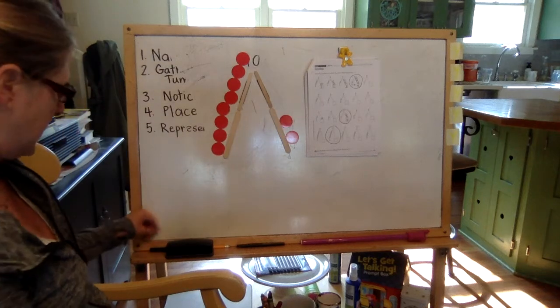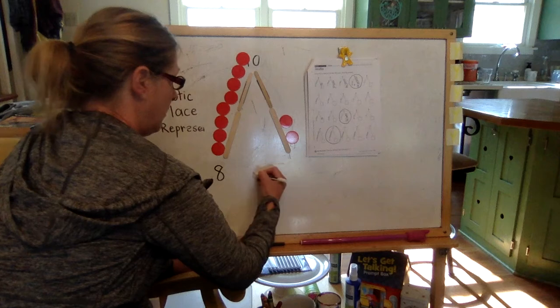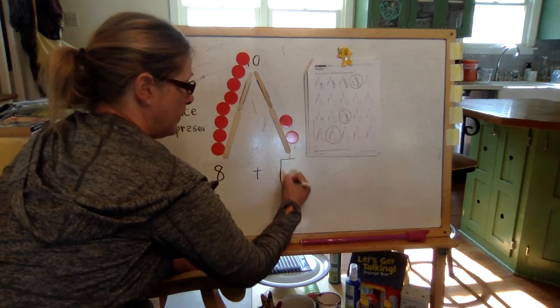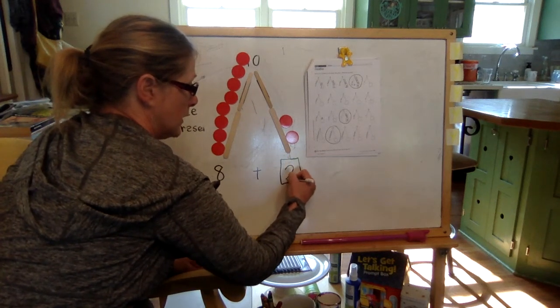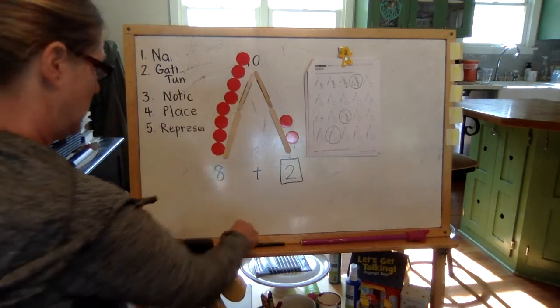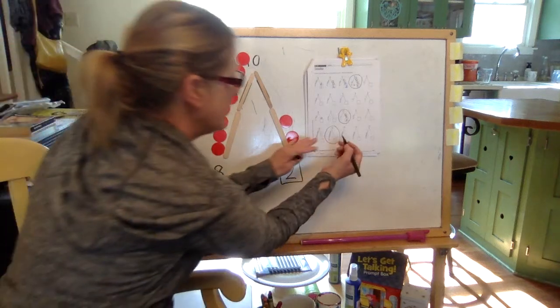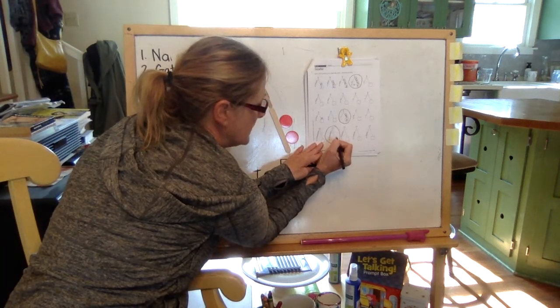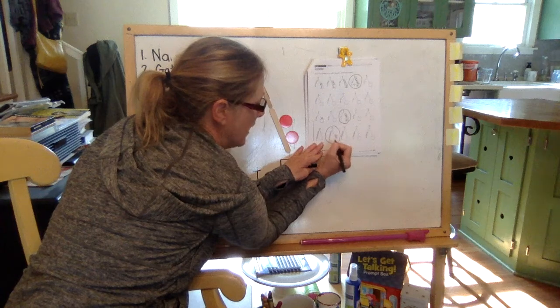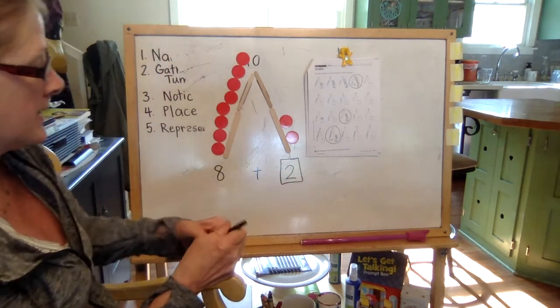So I can see that 8 plus the missing group, which is 2, make 10. I'm going to represent it on the paper, 8. I notice over here 2 tiny tumblers are missing and the number 2, and I'm going to show my addition sign.